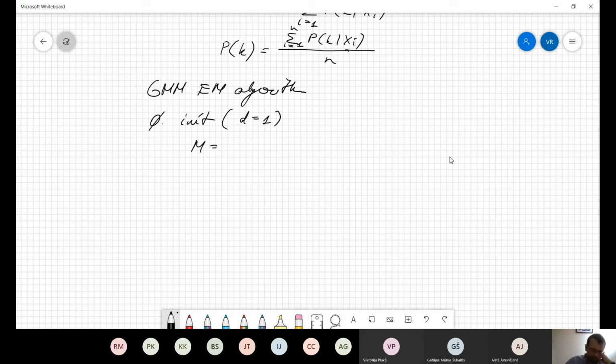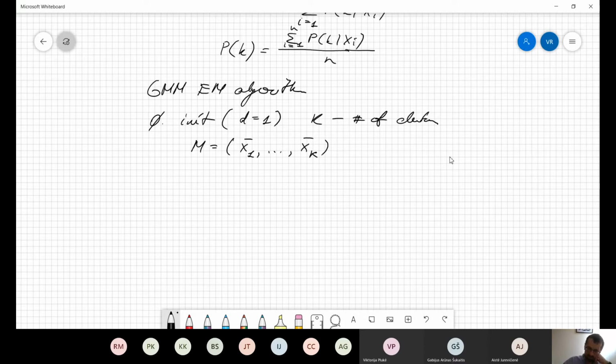Our center vector will reflect all the means, from mean 1 until mean k, where k is the number of clusters.